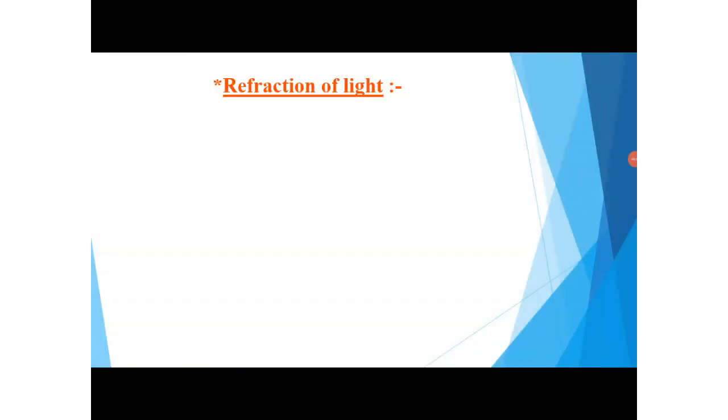Students, our next topic is refraction of light. So what is the basic difference between reflection and refraction? In case of reflection, we need a highly polished surface, and in case of refraction we just need a transparent object.